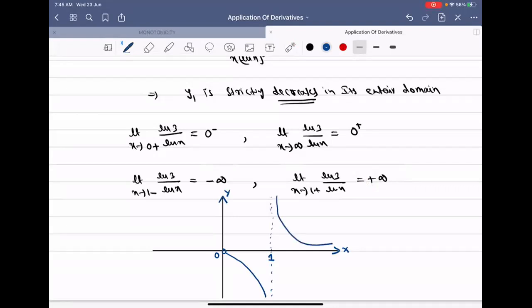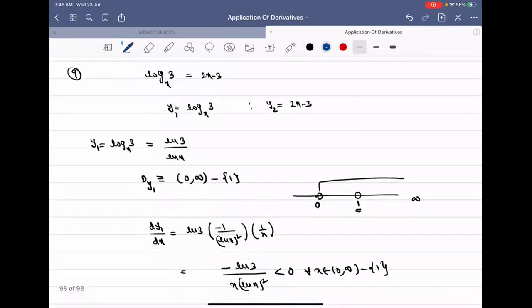This is the graph of y1 equal to ln 3 by ln x.